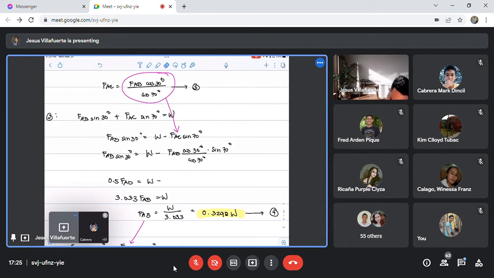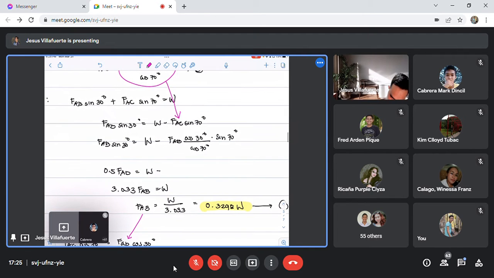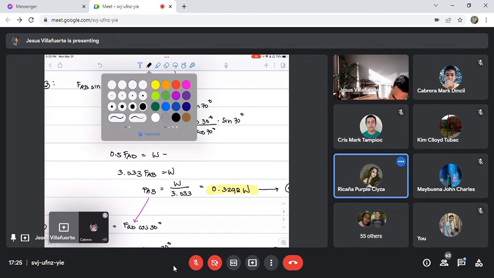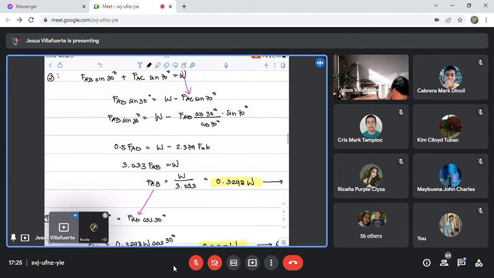So, cos 30 over cos 70 times sin 70 plus what? 2.38, sir. 2.379 FAB. So on the condition that theta becomes 2.379 plus 0.5, that is 2.879.